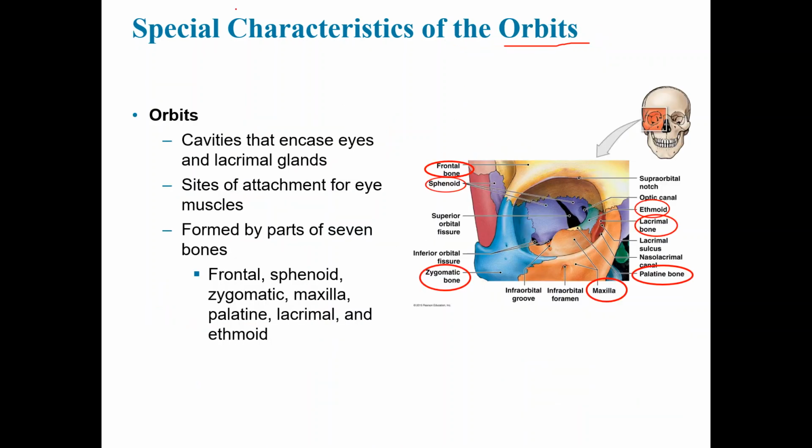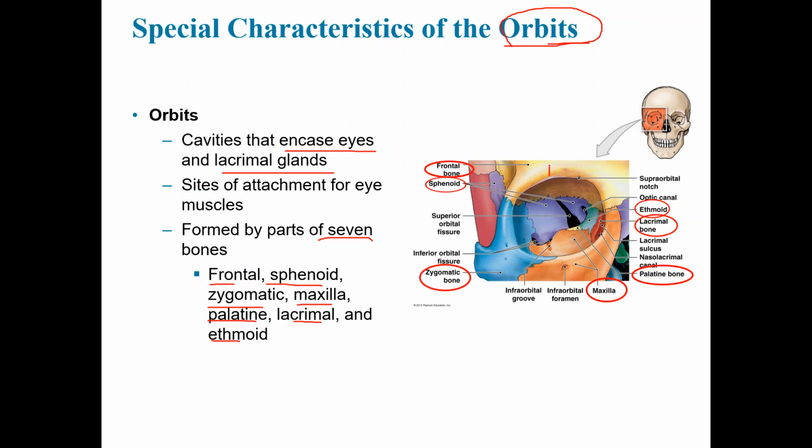All right, so a special characteristic of the orbits: many bones contribute to the formation of the orbits, which are the cavities that encase the eyes, of course, and lacrimal glands as well. So there are 7 bones in total that take part in the formation of these cavities, and these are the frontal, the sphenoid, the zygomatic, the maxilla, the palatine, the lacrimal, and the ethmoid, and they're all, of course, highlighted here.